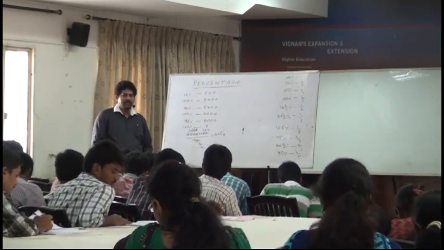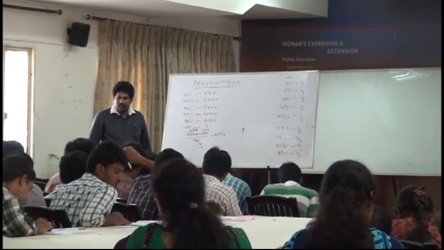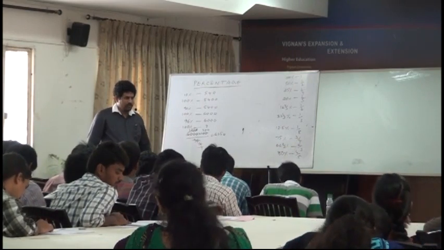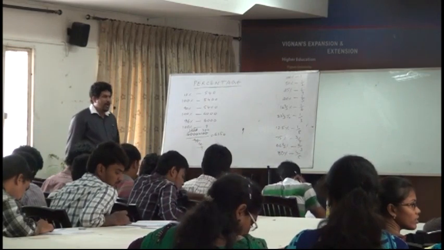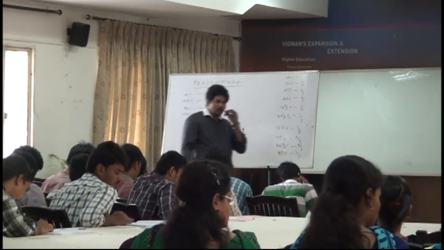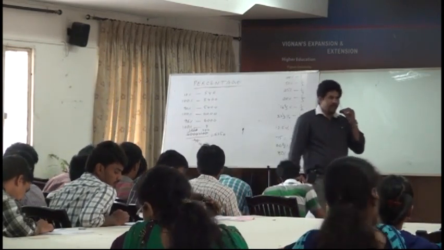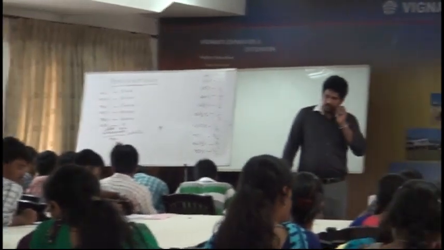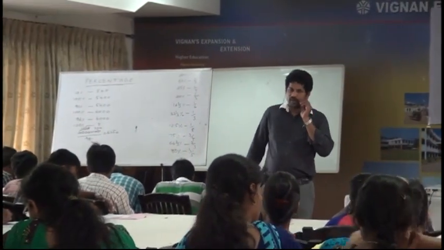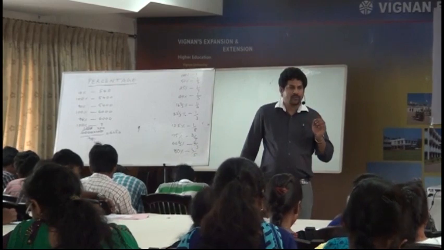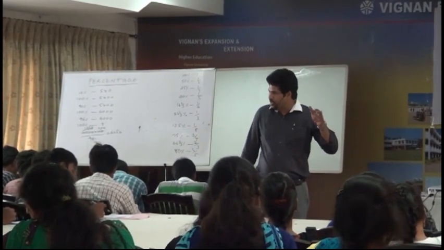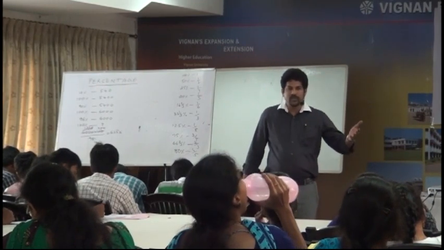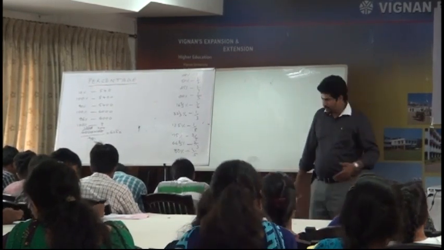Its height increases by 20% every year. After 2 years, what is the present height of the coconut tree? 540 centimeters. What is asked here? What was it when it was planted? It means 2 years ago, what was the height of the coconut tree?